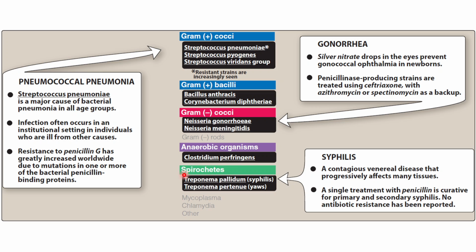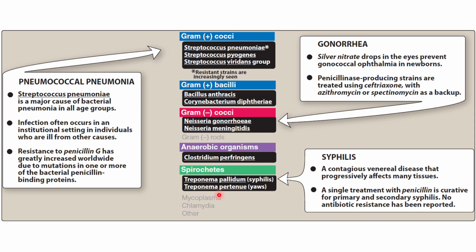And then spirochetes include Treponema pallidum, that is the cause of syphilis. Syphilis is also a sexually transmitted disease that can affect the whole body, and that is why it's hard to treat.